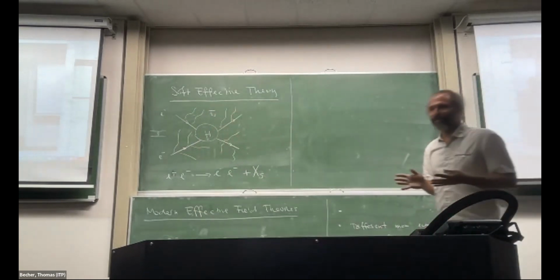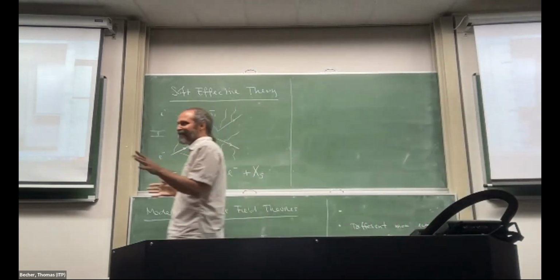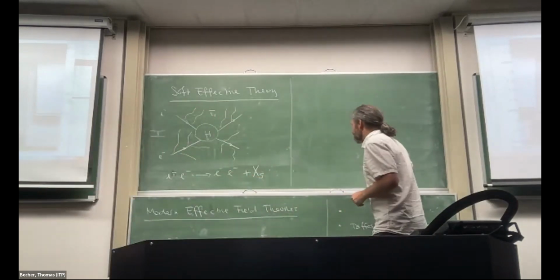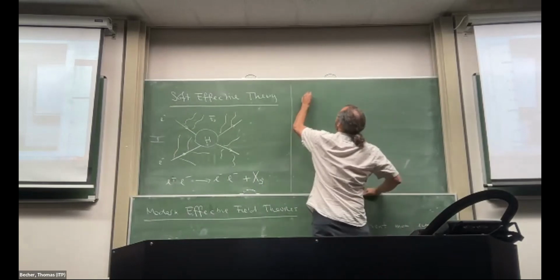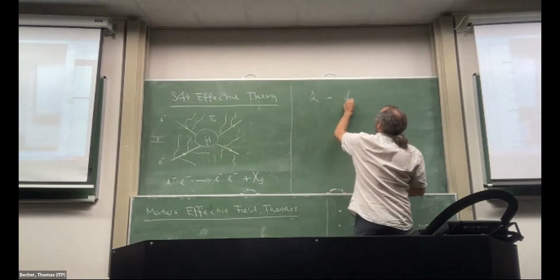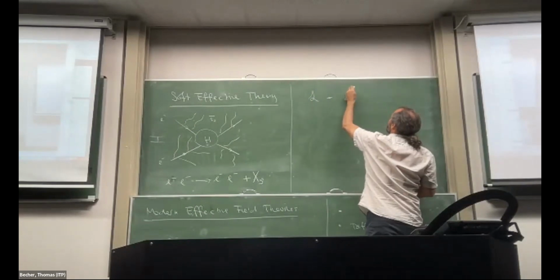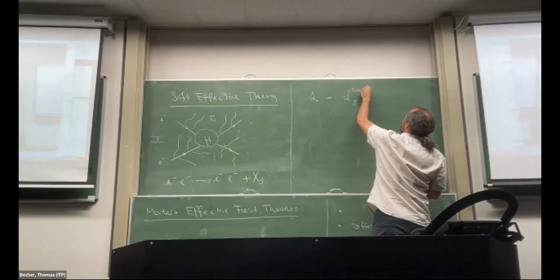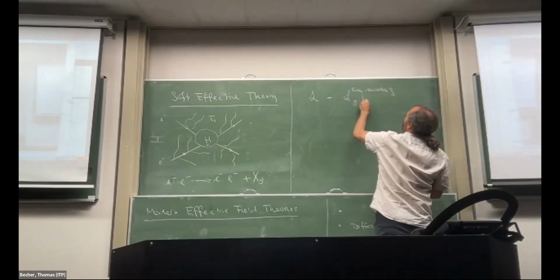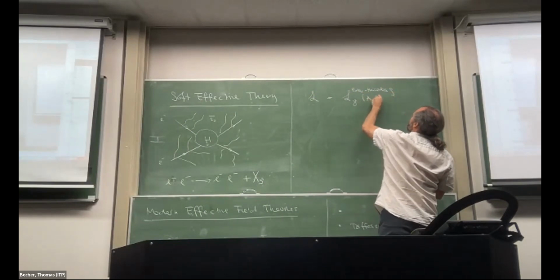So it's just electrons moving along, radiating a little bit of soft radiation. And the effective Lagrangian, of course, contains this Euler-Heisenberg Lagrangian, which we constructed. So this is the one which only contains the field A mu.